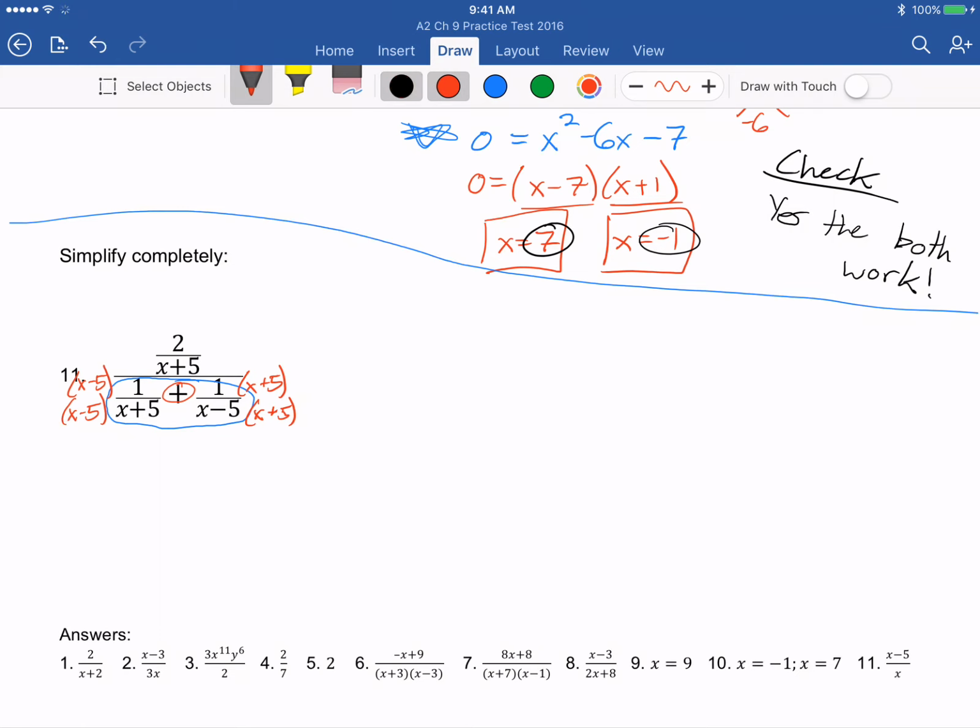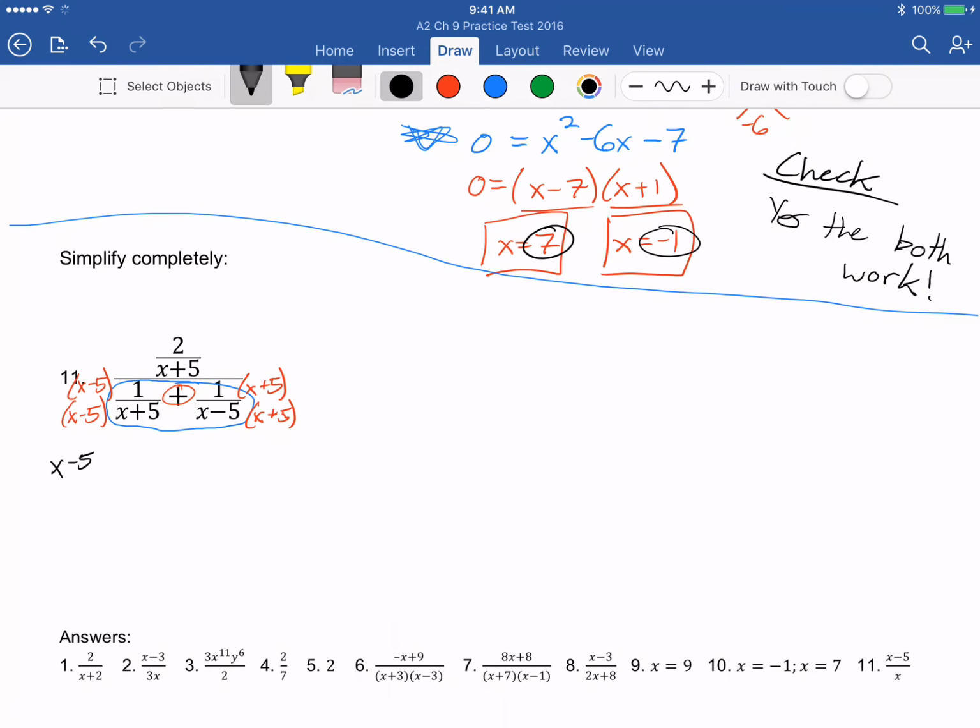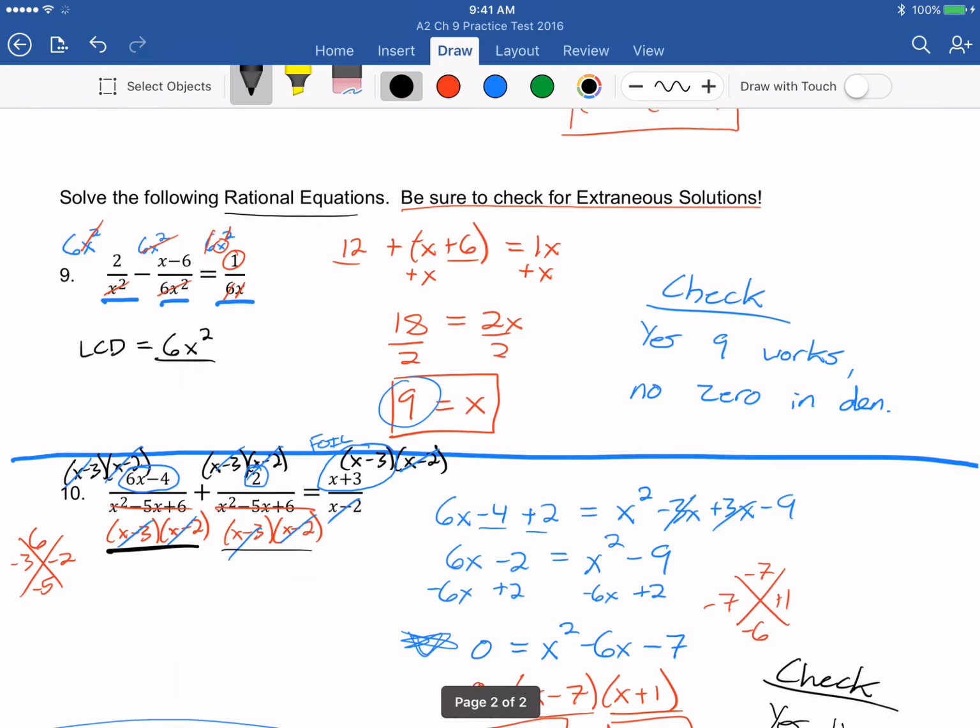So now this guy over here, kind of some scratch work, becomes x minus 5 plus x plus 5 all over this x minus 5 times x plus 5. All right, so this guy ends up simplifying to these x's make 2x, these negative 5 and positive 5 cancel out, so I'm left with 2x over x minus 5 and x plus 5. So that's just kind of some preliminary work there.